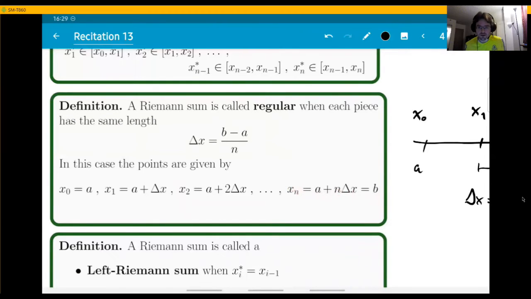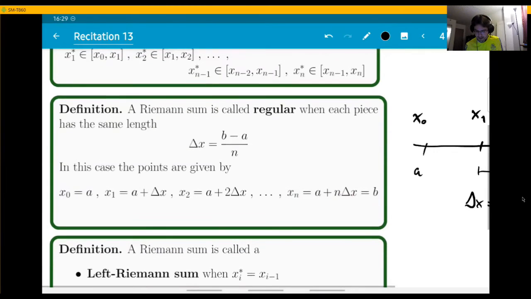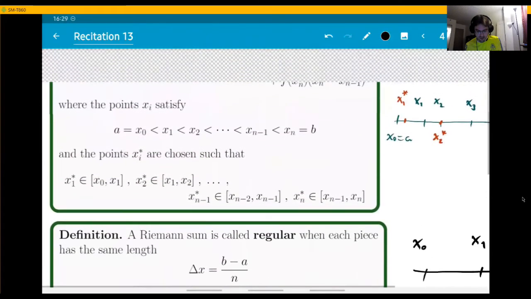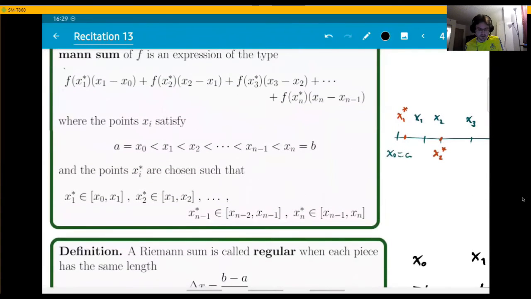Okay, so usually when you're doing calculations, you prefer to have a regular partition, regular Riemann sum, because the intervals are all of the same length. It's easy to find these sums. So for example, let's look back up here. Notice that each piece that you're summing in the Riemann sum has this length of the subinterval: x1 minus x0, x2 minus x1, x3 minus x2.